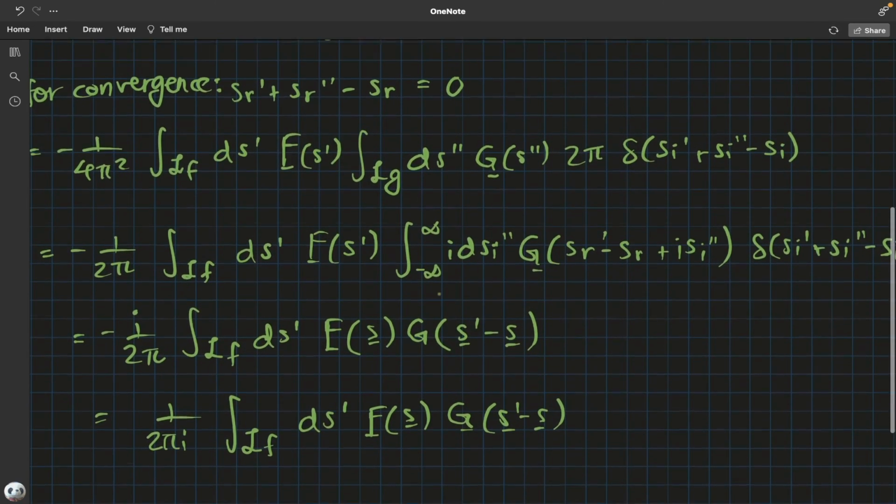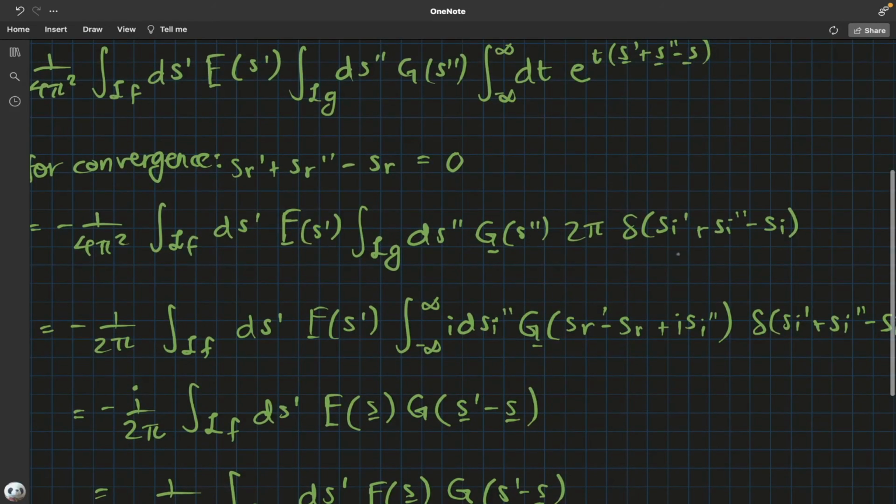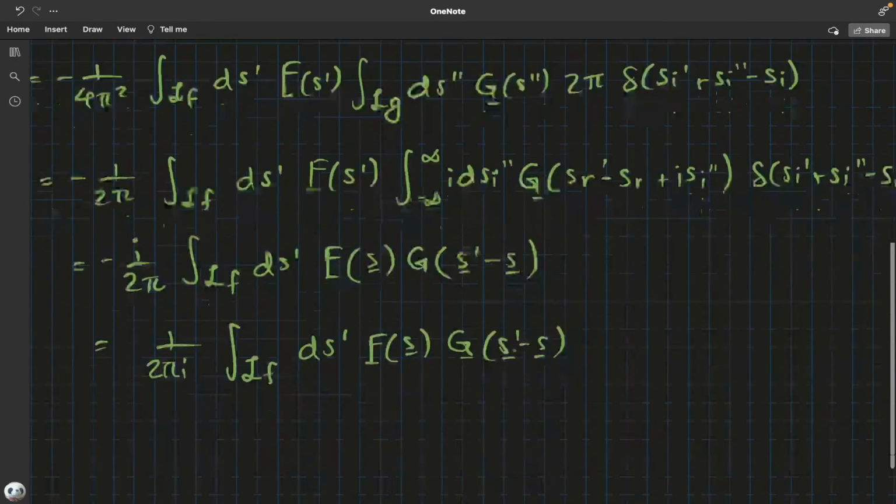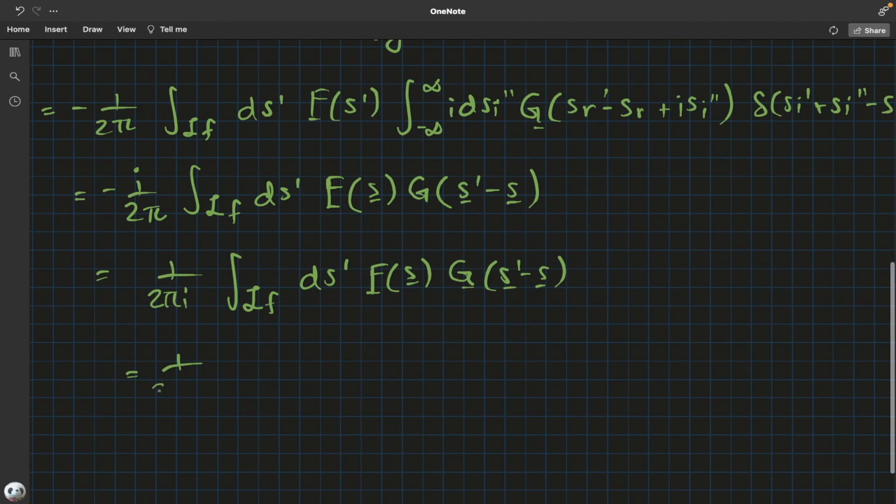The fun thing is we contracted the Dirac delta, or parameterized the path LG. What if we had parameterized the path LF? Then we would have ended with a final answer like this.